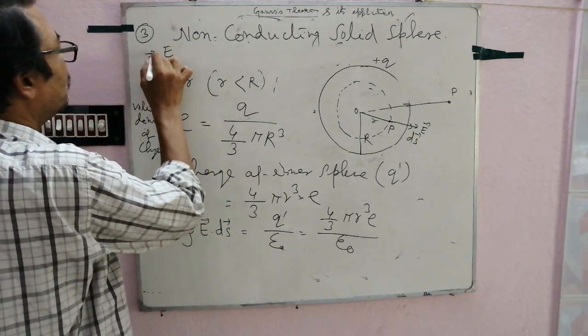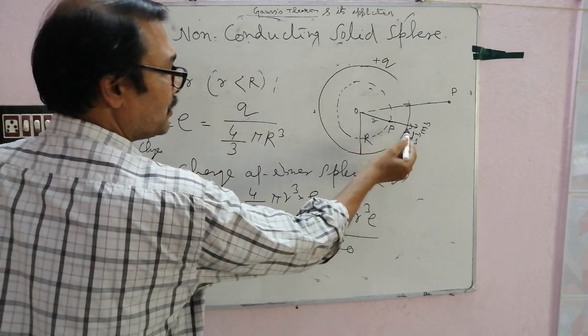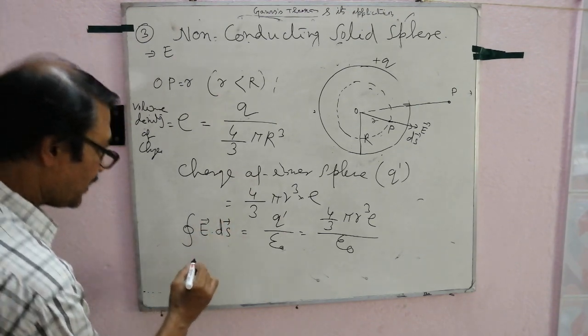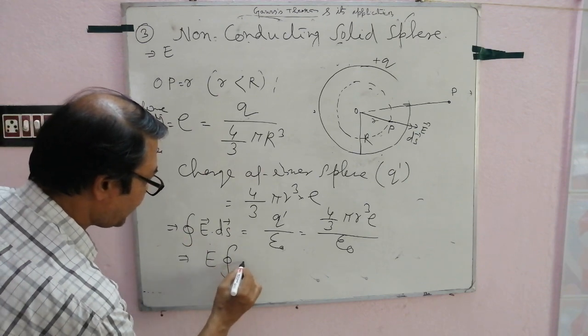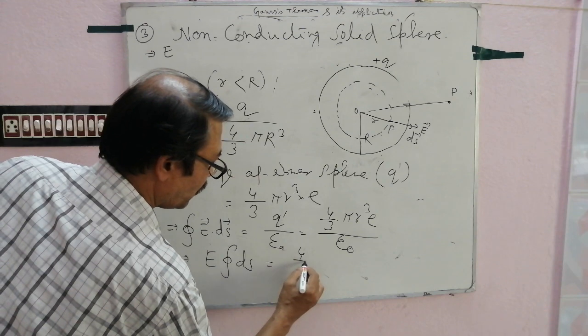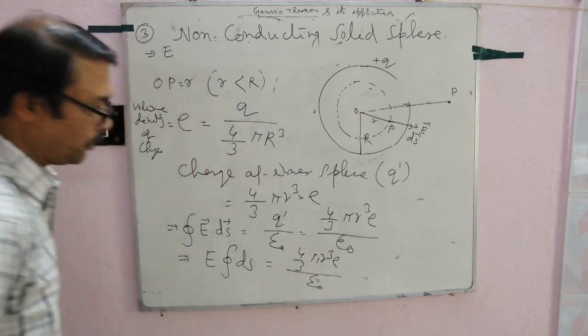E dot ds means cos 0 degree, so E ds, integration of ds. E integration of ds equal to 4/3 pi r cube rho by epsilon naught.